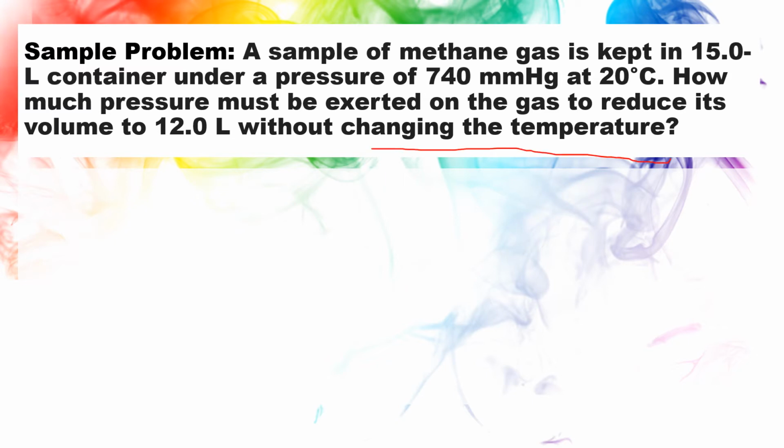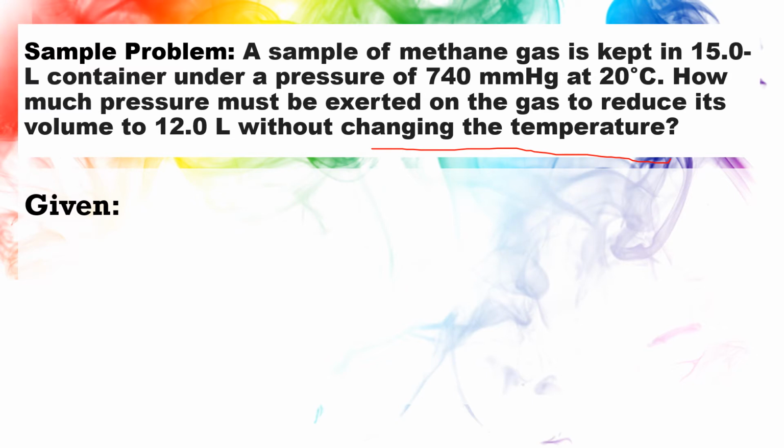So, in solving gas laws for Boyle's law, we must have four given values. We have two values for the pressure, the initial and the final, and two values for the volume, the initial and the final condition. So again, just like what we are doing on our previous topics, the first step is to write the given values.